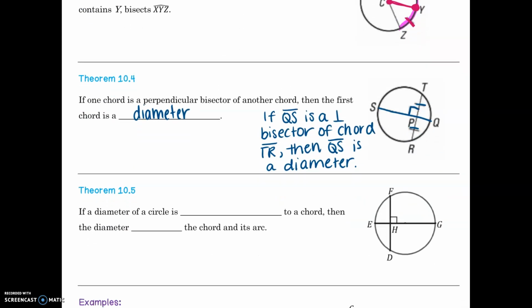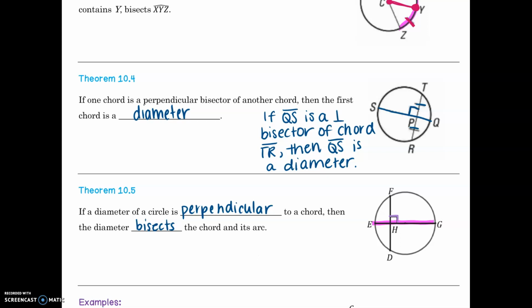Theorem 10.5, if a diameter of a circle is perpendicular to a chord, then the diameter bisects the chord and its arc. So here we have EG is the diameter of the circle.